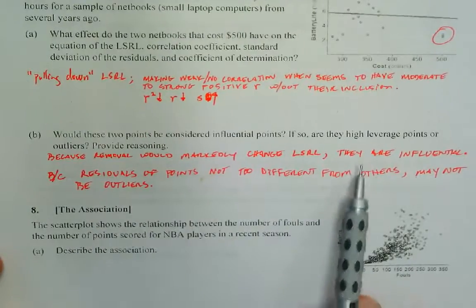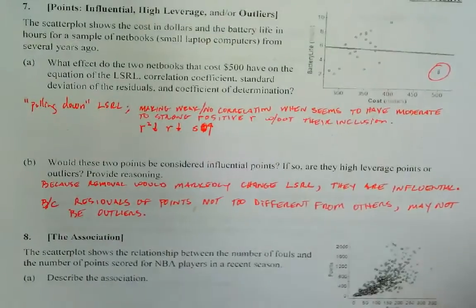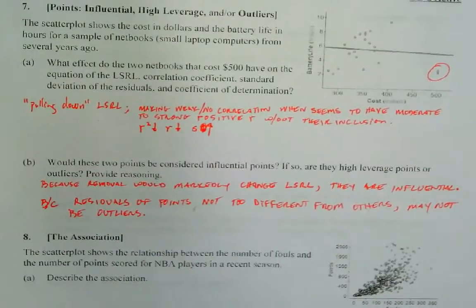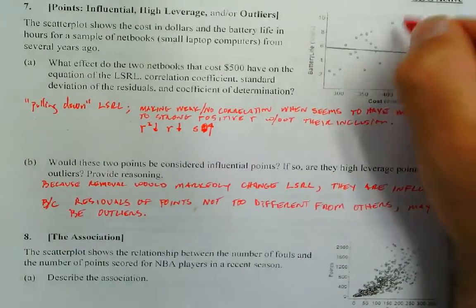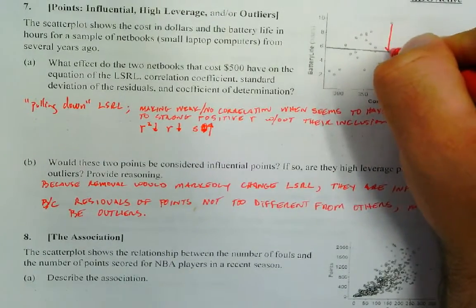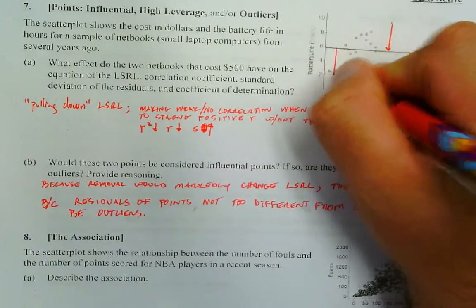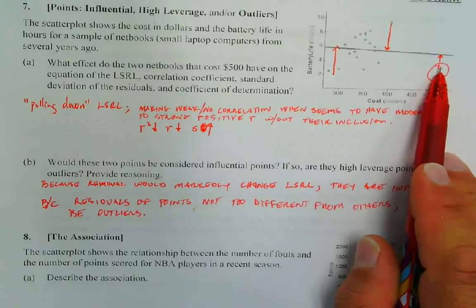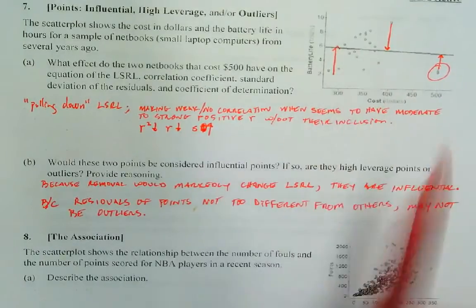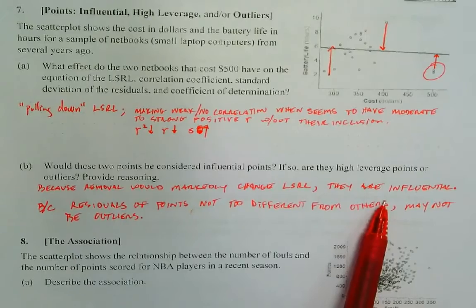And the residuals of these points, if I look at the distance from these points up to the line and compare it to the distance of some other points, are in line with a lot of the other residuals. They're not really too different from the others, so they may not be outliers.